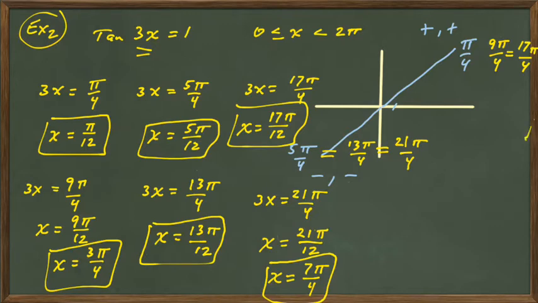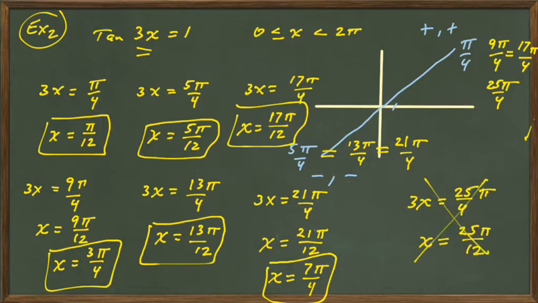If I add 8/4 to 17/4, would it be 25/4? Yes. If I make 3x equal 25/4 and I multiply by 1/3, what would you get? 25/12. Is that bigger than 2 pi? Yep. So I stop. So it looks to me like there should be 6 answers that are boxed in. Let's see what they get.